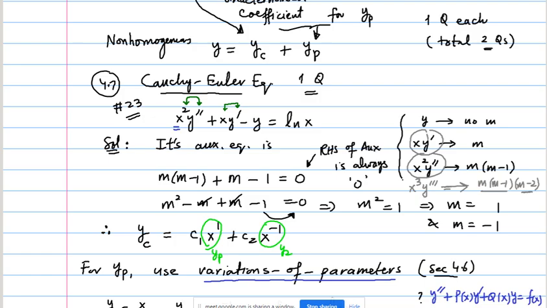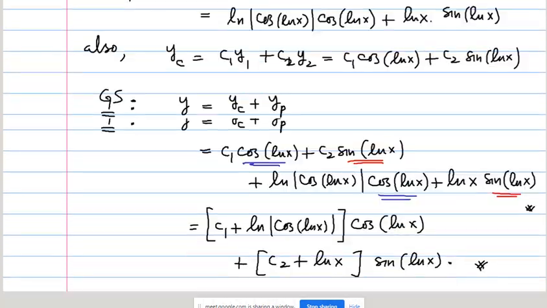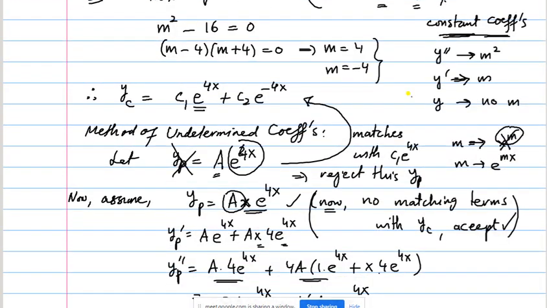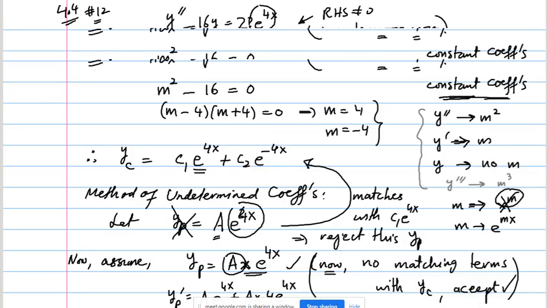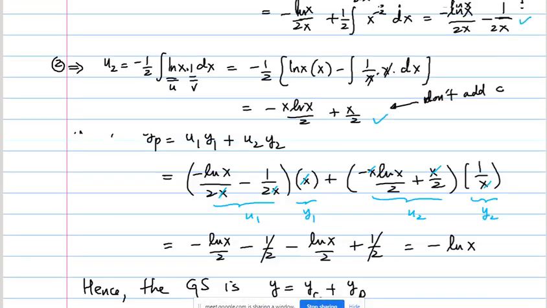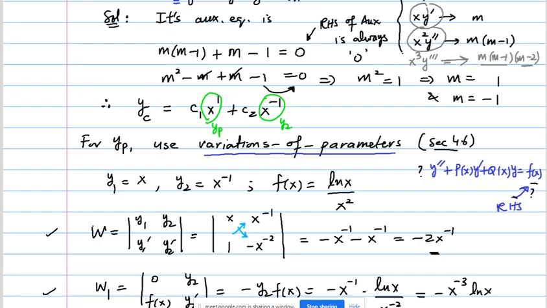But if you go down and you have constant coefficients, then y triple prime will give you just the third power of m. So this is the difference between Cauchy-Euler and constant coefficients. In Cauchy-Euler, your solutions are also different.